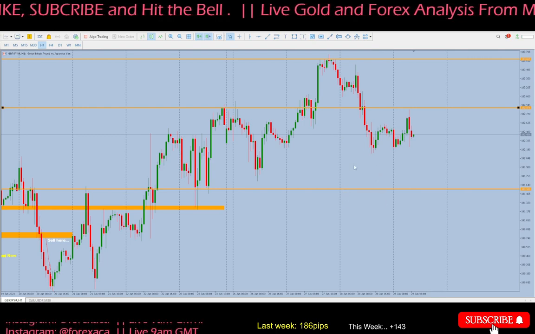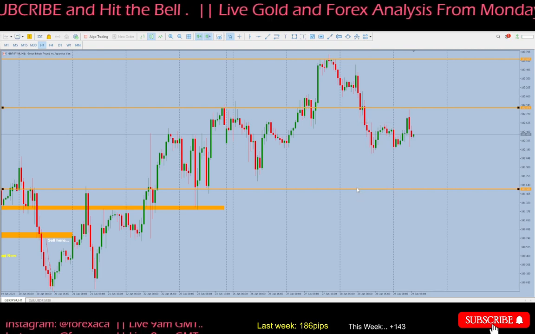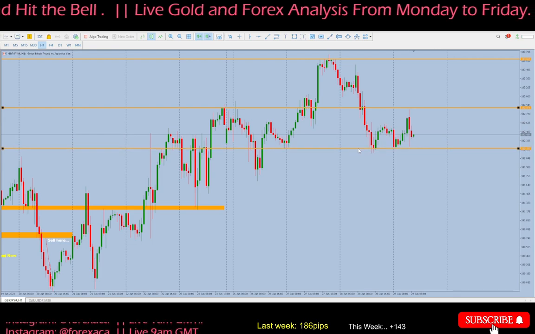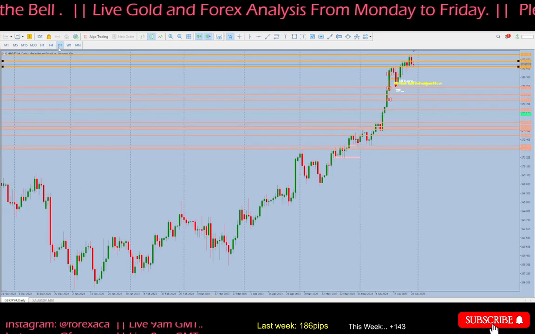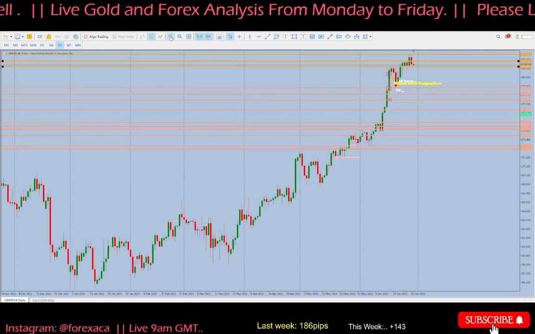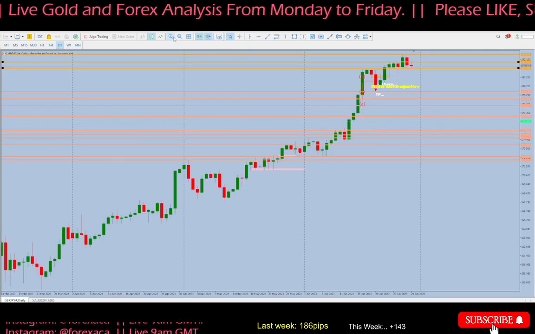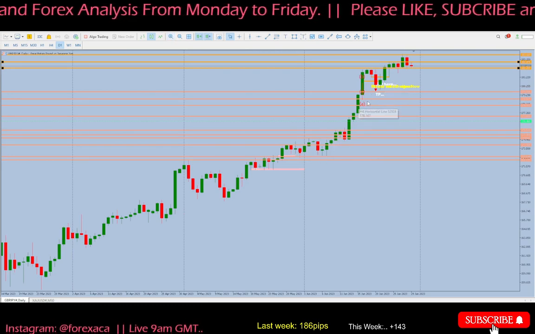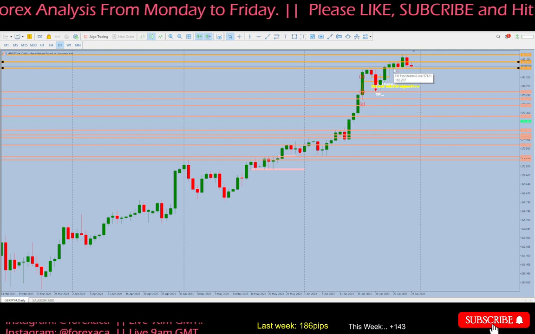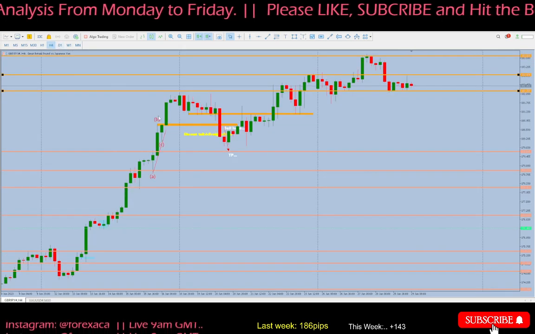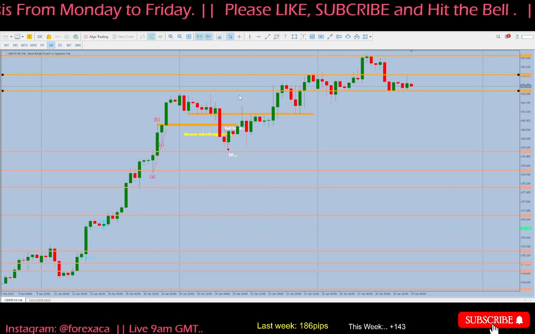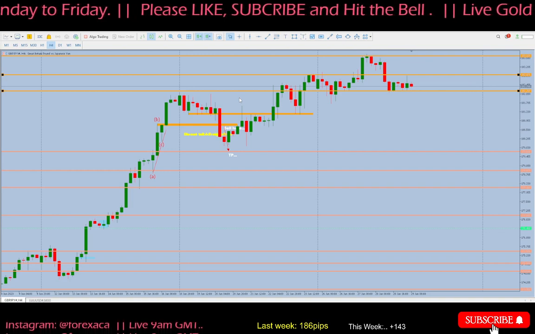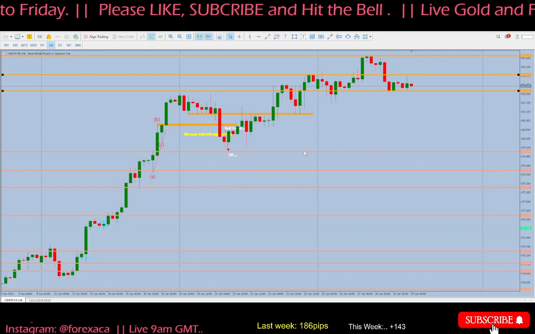Now, we'll look at what we currently have. So I'm marking those areas. I'm not really going to start from the daily because I feel like the market has had a long move to the upside, so we're just going to take it from the 4-hour time frame, and then we'll move it gradually till we get comfortable.